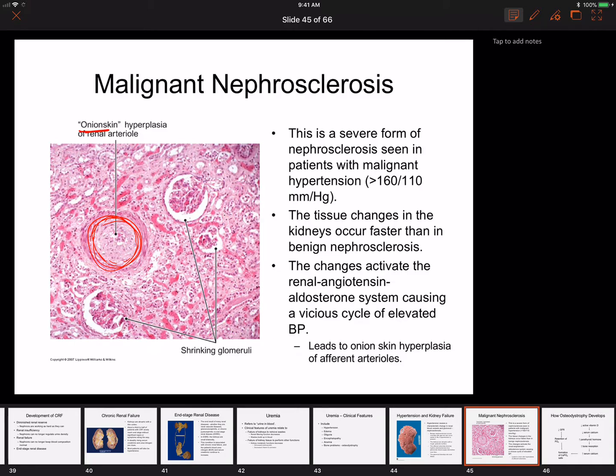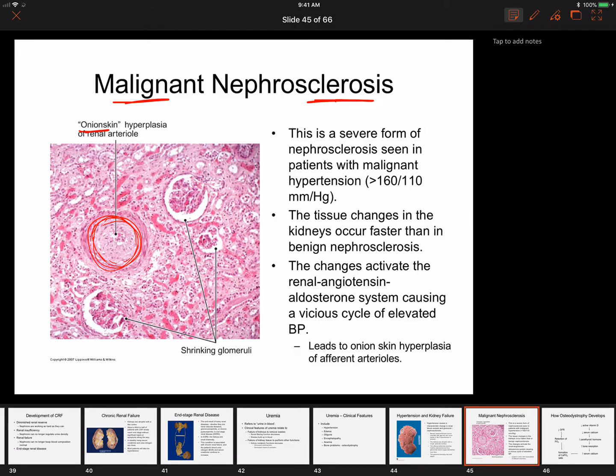Like if you cut a section within an onion, you see concentric layers of the onion peel. This is where the analogy comes from: because of the ongoing high blood pressure and the subsequent sclerosis, the hardening, the smooth muscles within the blood vessel will undergo hypertrophy, hyperplasia, so we see an increase in the thickness of the layer.